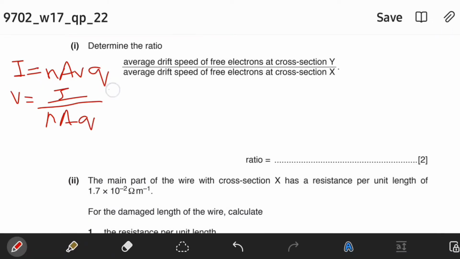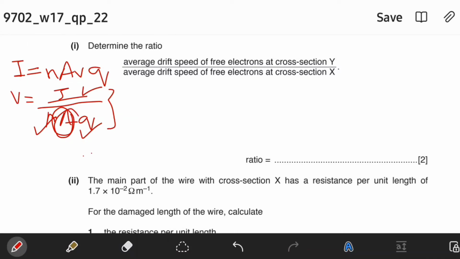We can actually reduce this formula to just one concept, because we know that in each part of the wire, I will remain the same, the number n also, and the charge on a single electron will also remain the same. Only the cross-sectional area is different for the damaged part of the wire and the normal part of the wire.